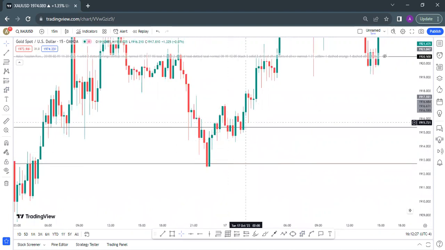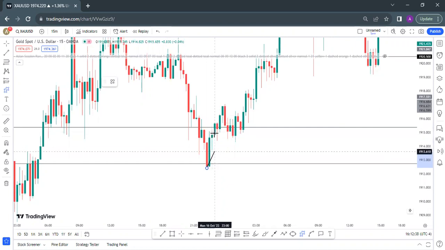Okay, so let's start from here. You can see market move upward like this. Now you see this candle.